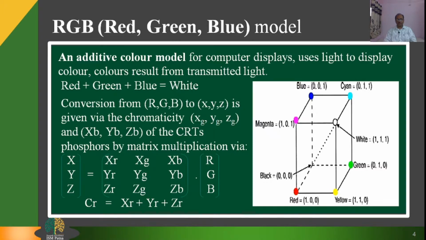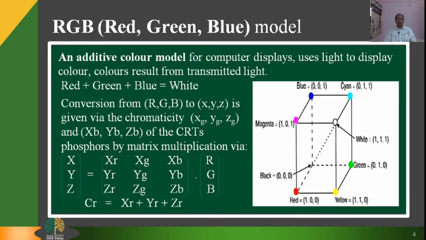These colors are generally demonstrated with the use of cube vertices. The matrix on the screen depicts the chromaticity, where chromaticity equals XR plus YR plus ZR.